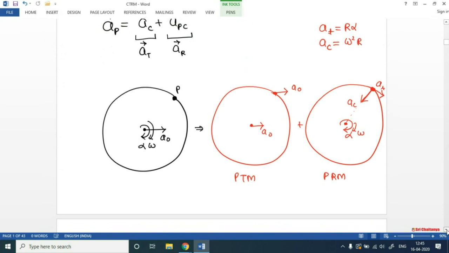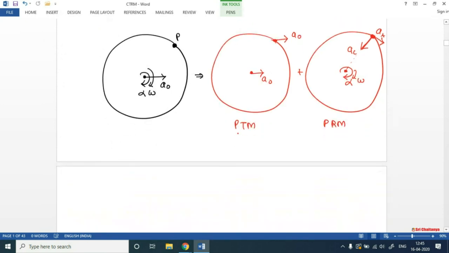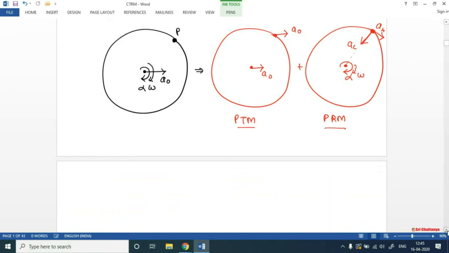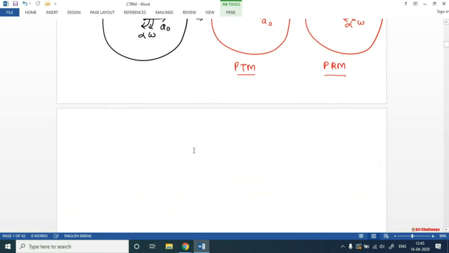So when we combine these two motions, purely translational motion and purely rotational motion, we are ready to write the net or resultant acceleration of this point P. It will have one component of acceleration due to translation, that is A naught, and we will have a tangential component, that would be AT, and we will have a centripetal component AC.